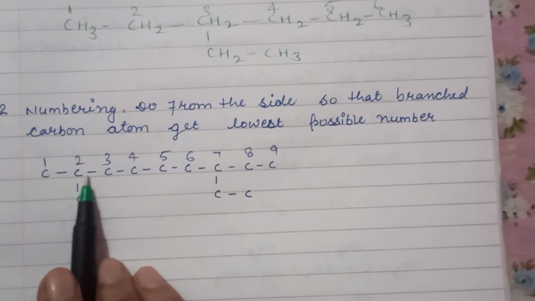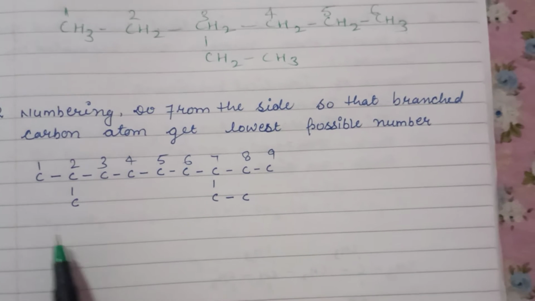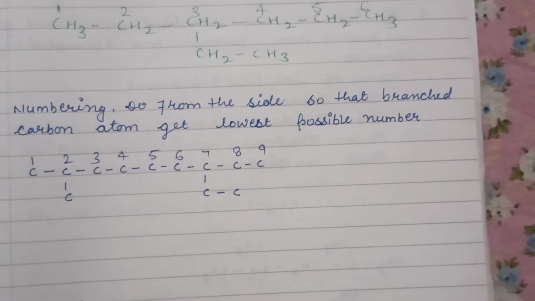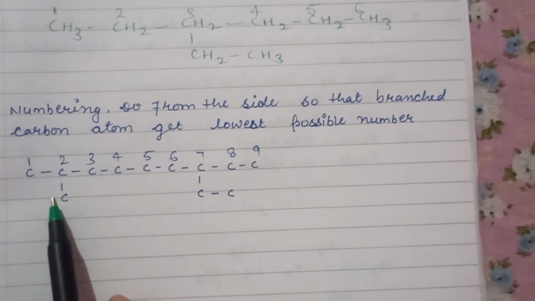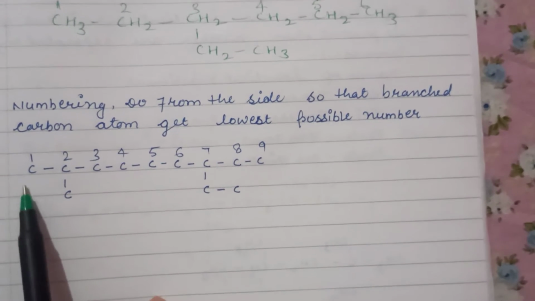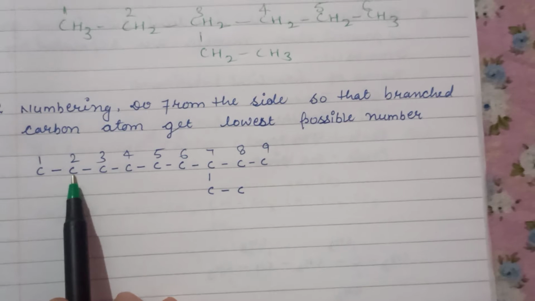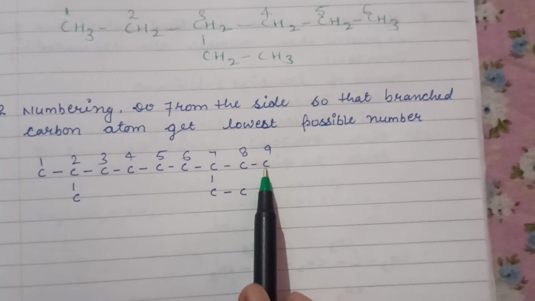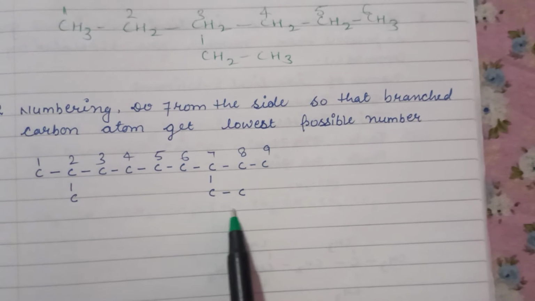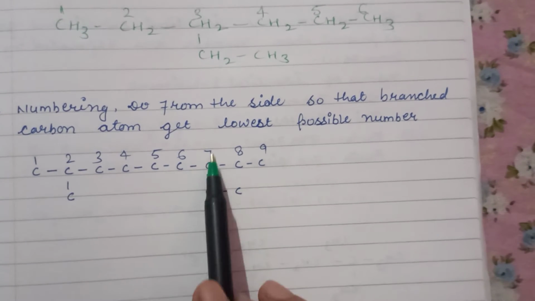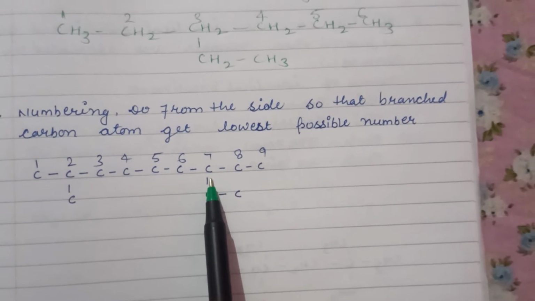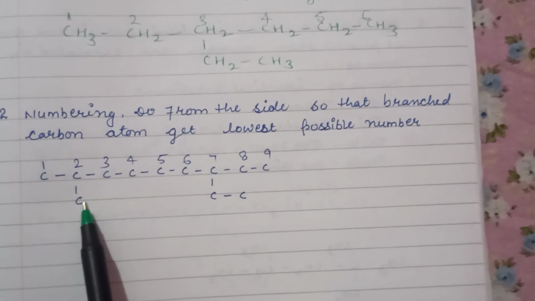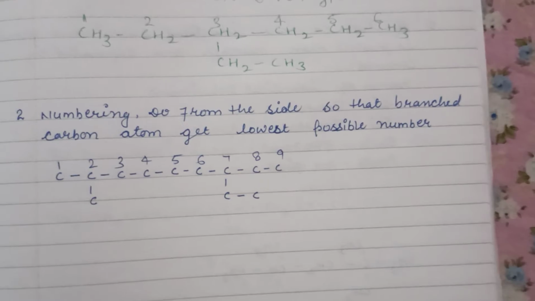See, in this structure we have started numbering from this side, not from this side, because this carbon atom is used as a branch. So this is getting number 2, and if we would have started from this side, then this branch would be getting third number.